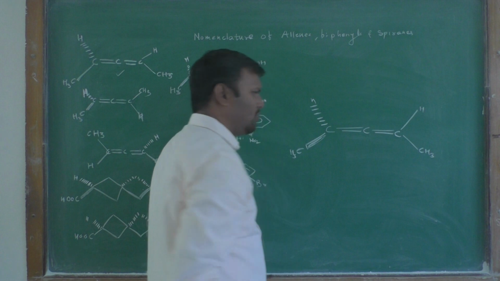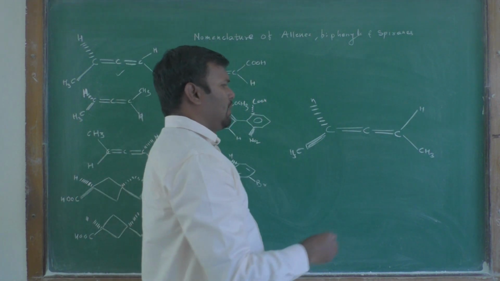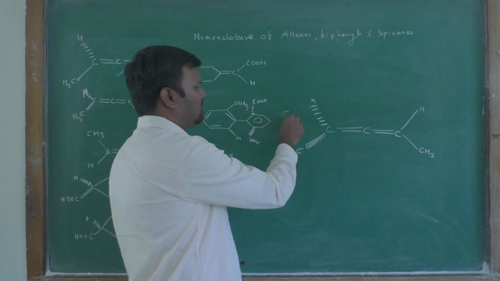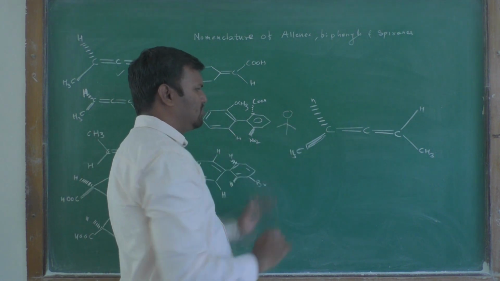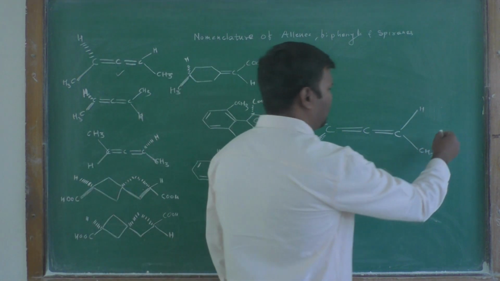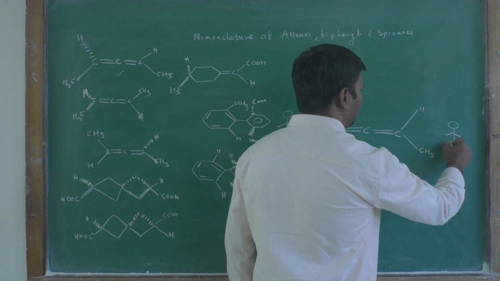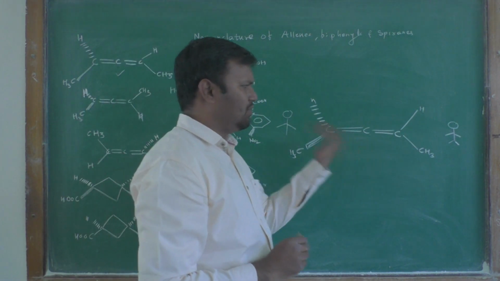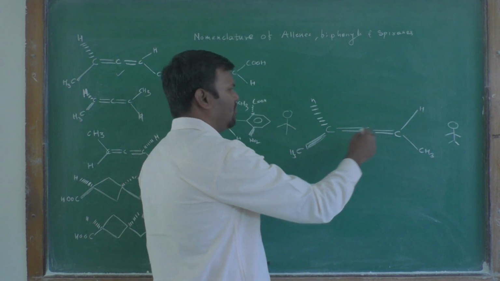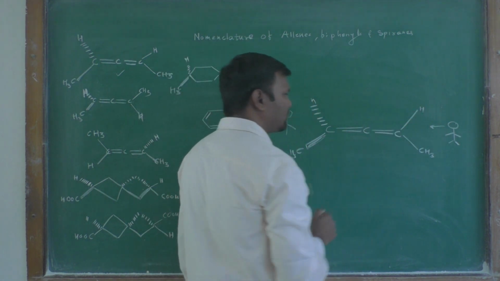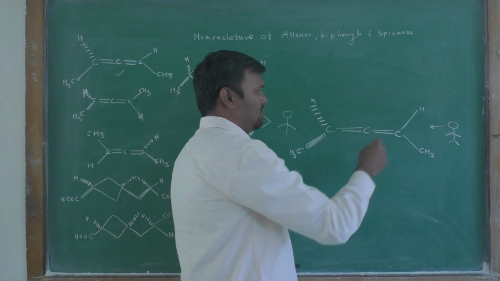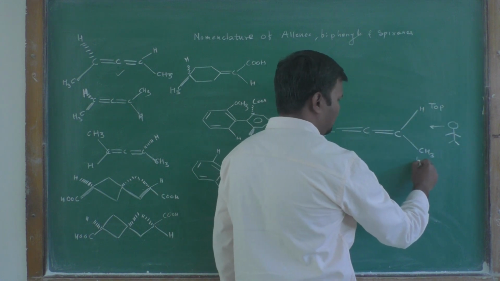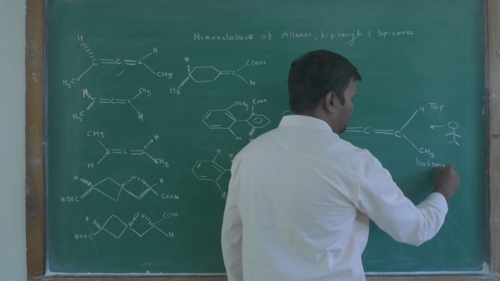This type of compound, you can see from the left hand side also. You can stand up here and look at the molecule from this side, and you can also look at this molecule from the right hand side. If we look at the molecule from this side first, then you can simply say that hydrogen is at the top position and CH3 is at the bottom position.